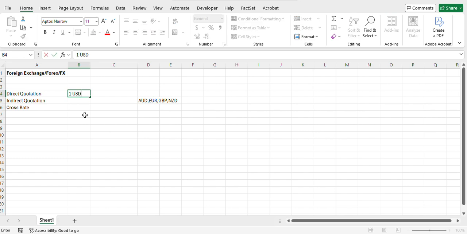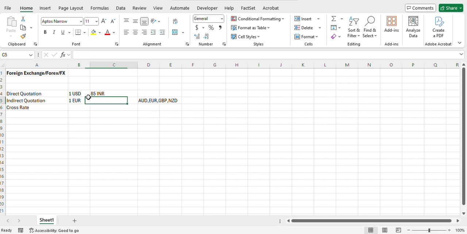So for example, 1 USD is equal 85 INR, and for indirect quotation, say 1 euro is equal 1.13 USD. Direct quotation is when we calculate the rate as per the base currency.